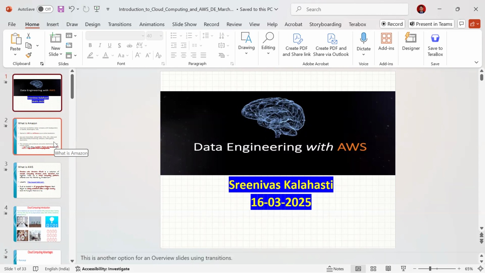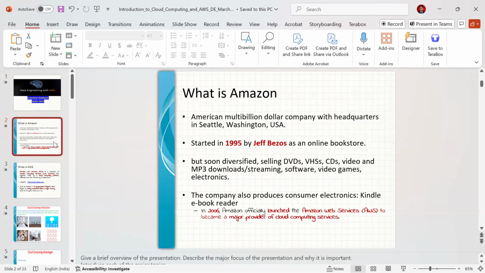And when I talk about AWS, Amazon Web Services, Amazon started in 1995 as an online bookstore. They slowly moved to other businesses, like selling DVDs online, and they moved into many different domains and areas where they scattered their business. They mainly moved into the electronic side, where they started selling electronics along with online books.